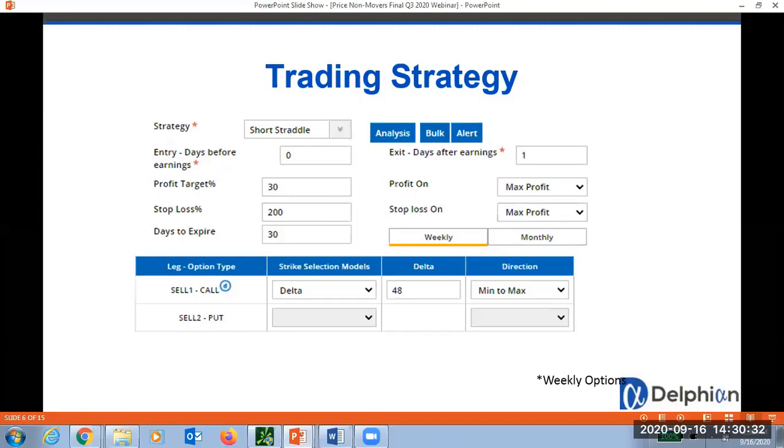Here's the trading strategy like Josh had shown earlier, using a screenshot from Delphian. So the short straddle that we're using here, with this price non-mover, I'm entering into the trade on the day of earnings, so 0 days before earnings is my entry, and I am exiting 1 day after earnings.